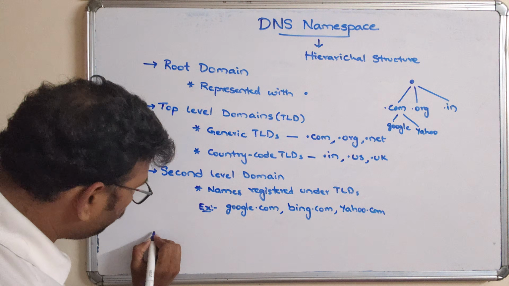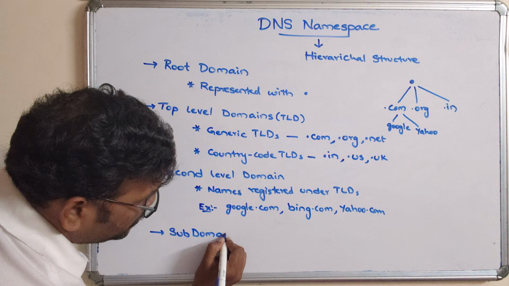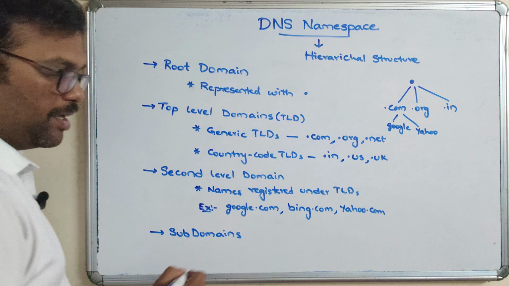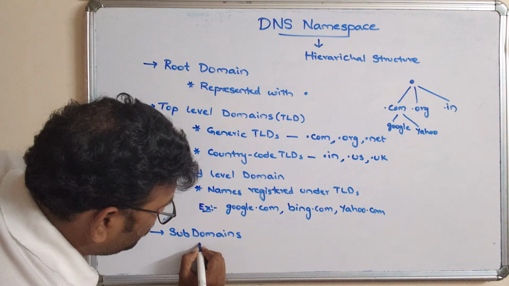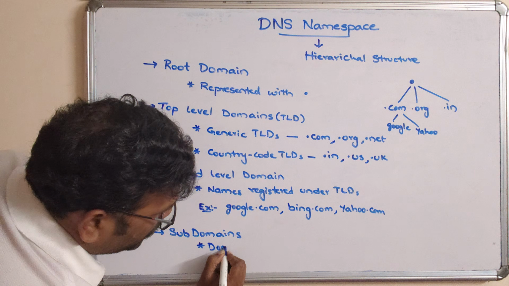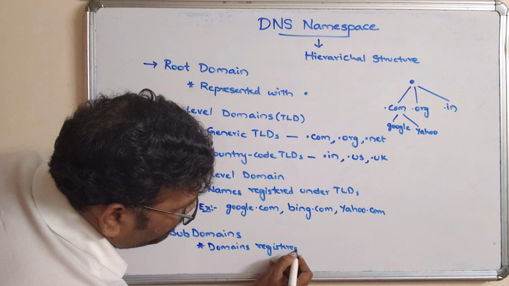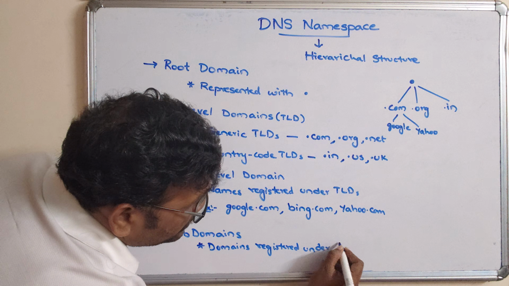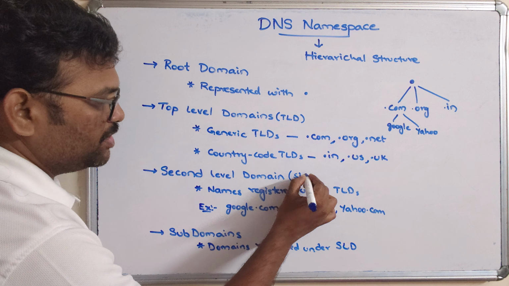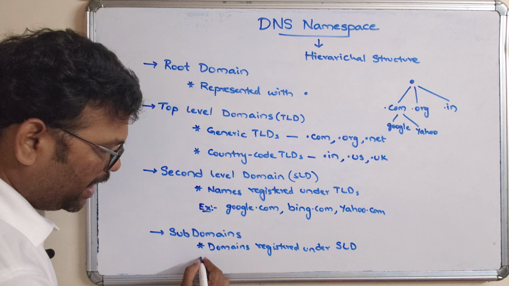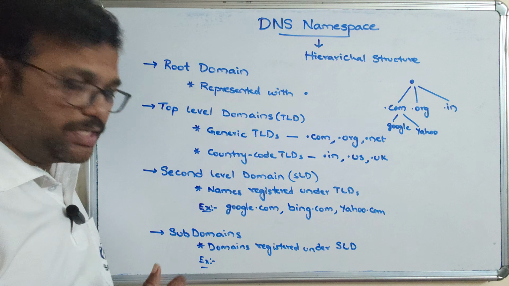Okay, and the next one is subdomains. These are the domains registered under second level domains. These are SLDs, you can simply use the word SLDs. For example, if you use google.com, there are a lot of applications, right?